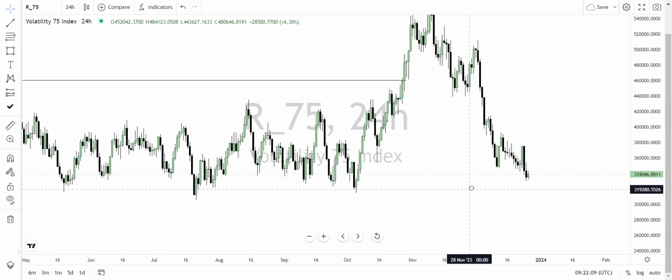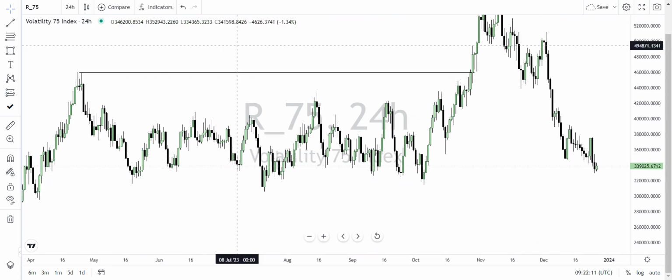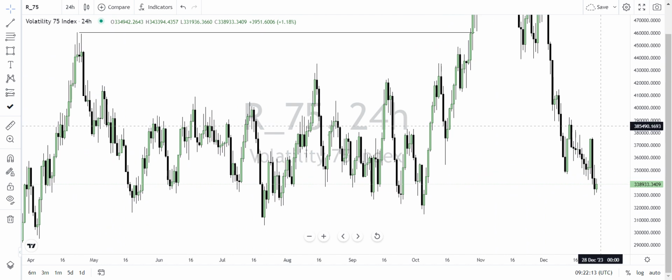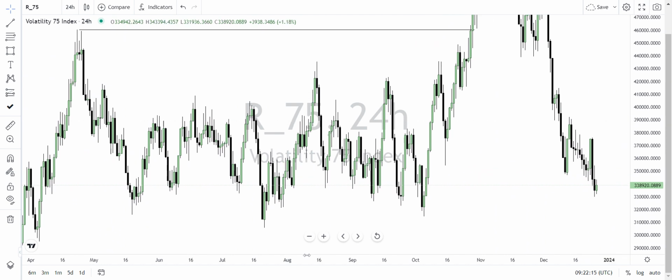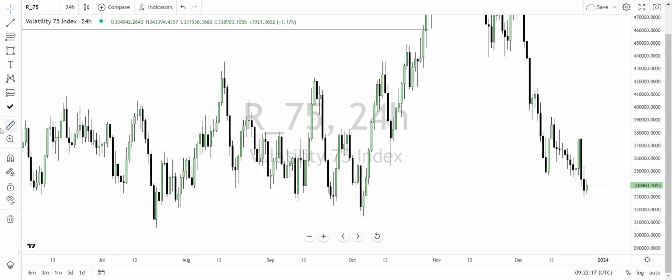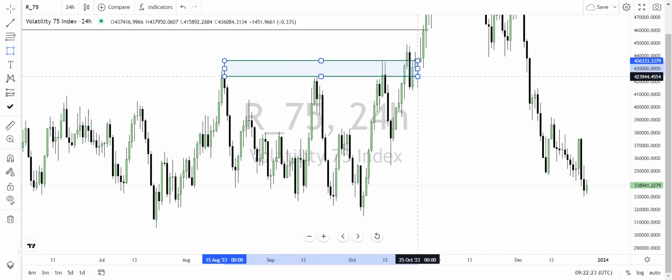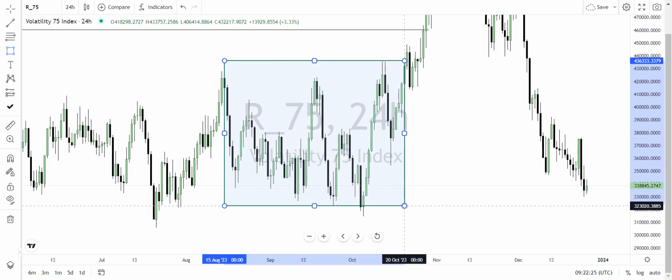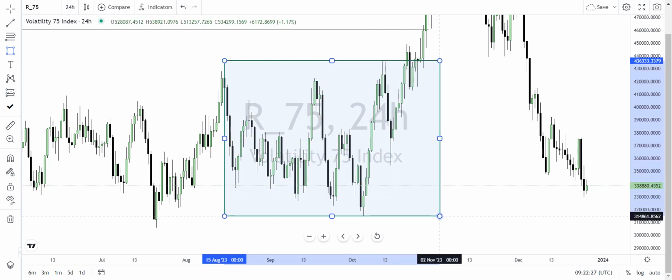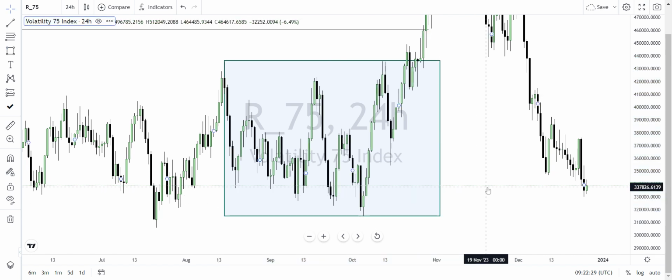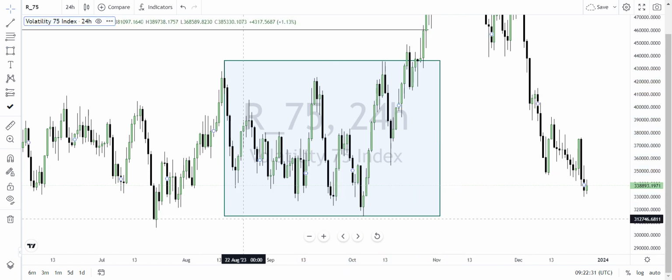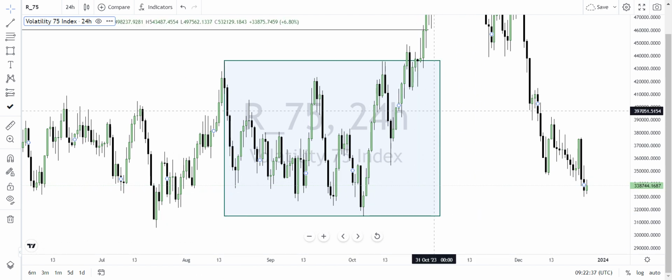Now check again. If you really look after this point, the market actually ranged for a while. Yeah, the market ranged from here. It was a ranging market. Now, I think the market ranged from August 13 to early November.